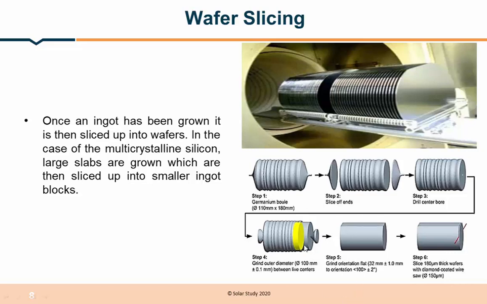Here we have mentioned the outer diameter, which will be around 100 mm, with a tolerance of plus or minus 0.1 mm, either more or less. After grinding, one of the surfaces is made flat in order to hold it and remove unwanted material.